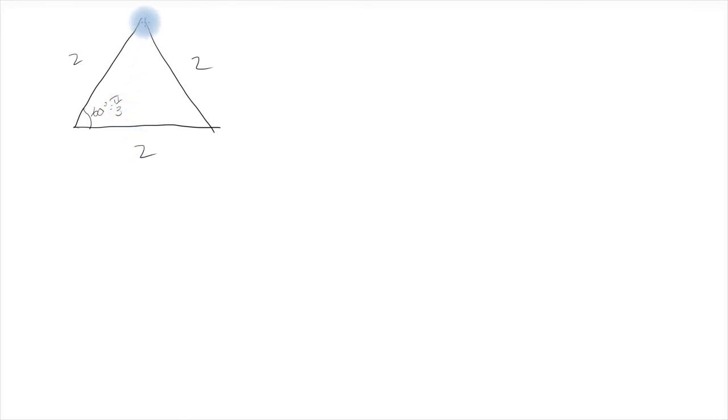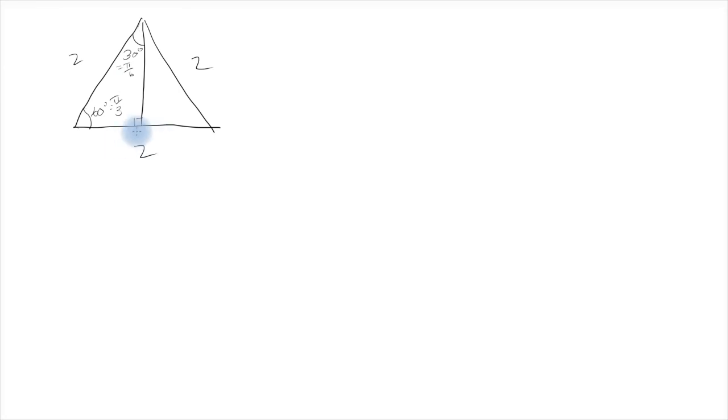Okay, I'm going to cut this in half. So I've cut it in half, so that's a right angle now. This bit here used to be 60 degrees, but now I've cut it in half, so it's 30 degrees, which equals pi on 6.